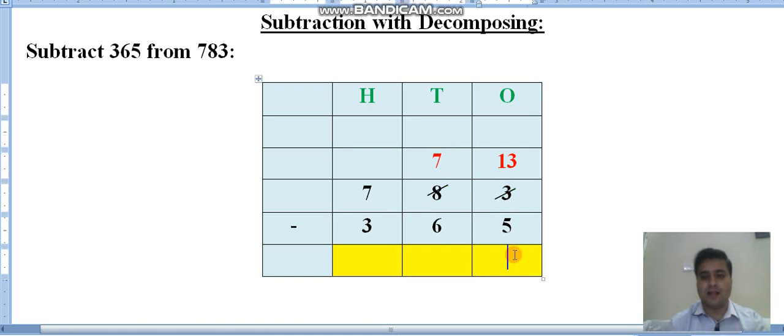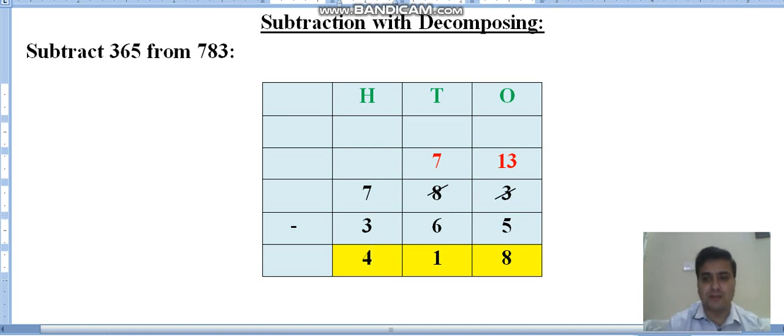Now subtract: when you subtract 6 from 7 you get 1. Now here you can easily subtract 3 from 7. So when you subtract 3 from 7 you get 4.